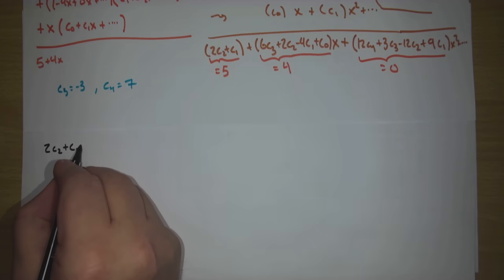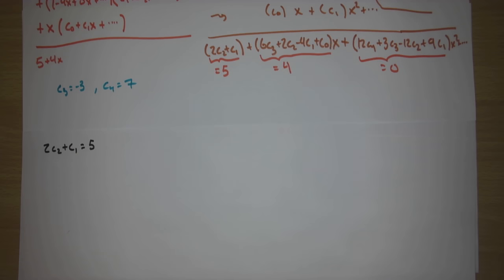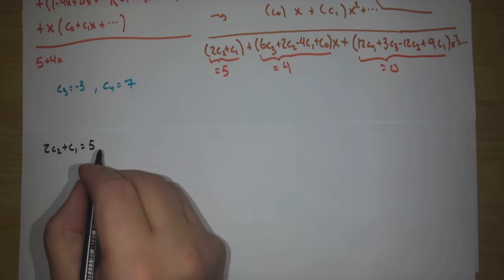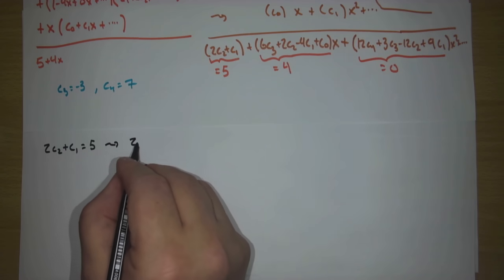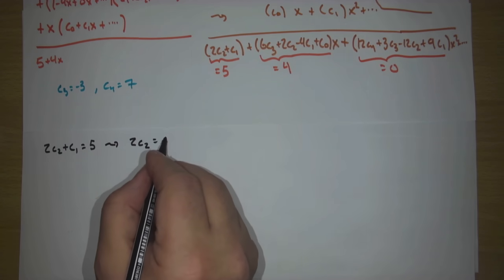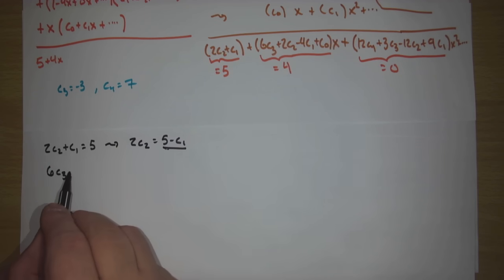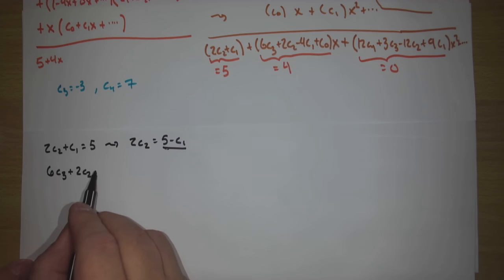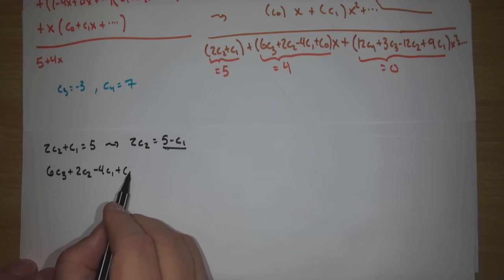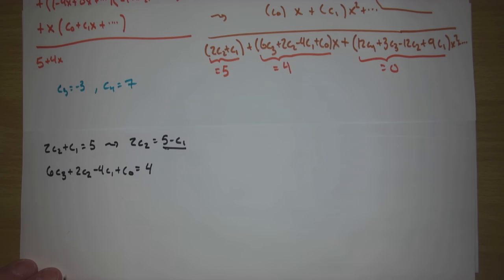2c2 plus c1 equals 5. Well, let's just note that that tells us that 2c2 is equal to 5 minus c1. True? Okay, cool. Now we have 6c3 plus 2c2 minus 4c1 plus c0 is equal to 4.